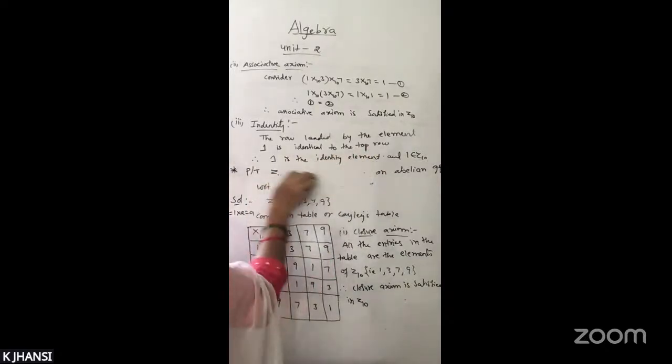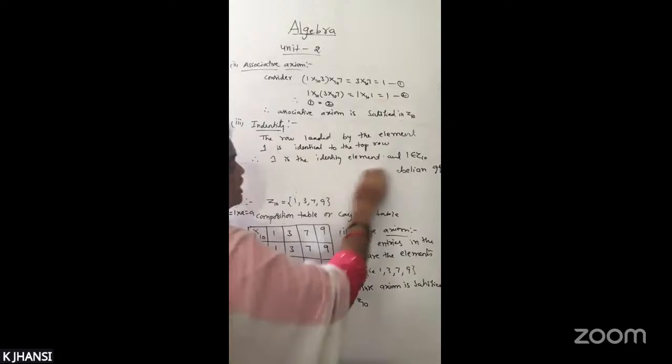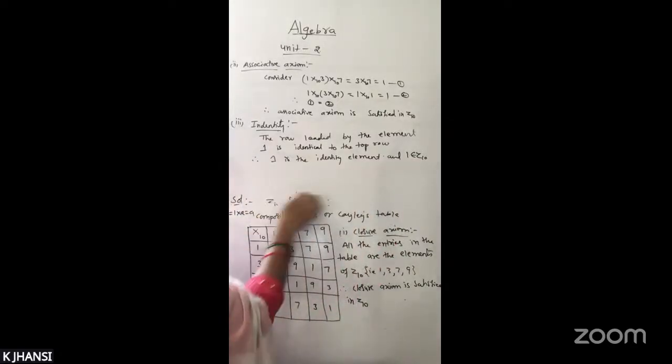Next, inverse. What is inverse? A into A inverse is equal to A inverse into A is equal to 1. So for what elements do you get 1? 1 into 1 gives the identity element 1. Even 3 into 7 and 7 into 3 give the identity element. 9 nines are 81, which also gives the identity element.